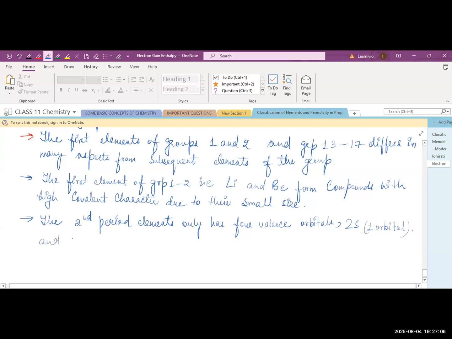And in 2p, in the p section, how many orbitals are there? 3 orbitals. So total 4 valence orbitals are there. So if 4 valence orbitals are there, they can accommodate only 8 electrons in their valence shell.